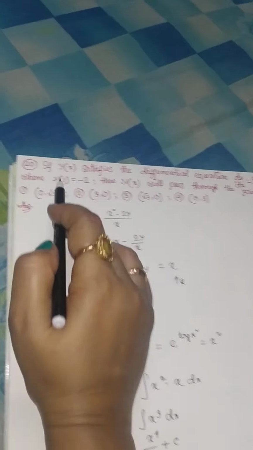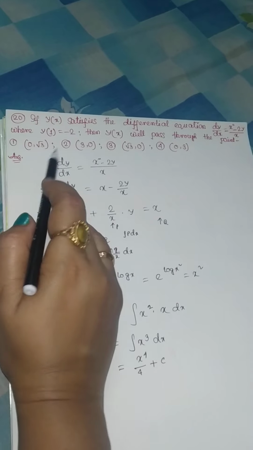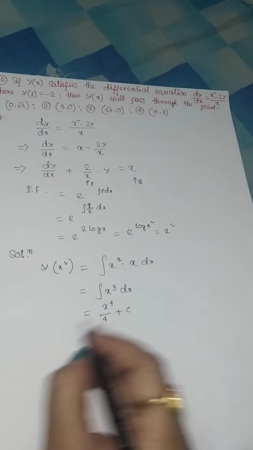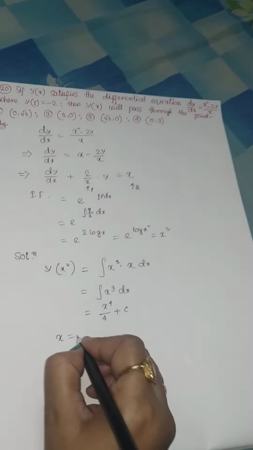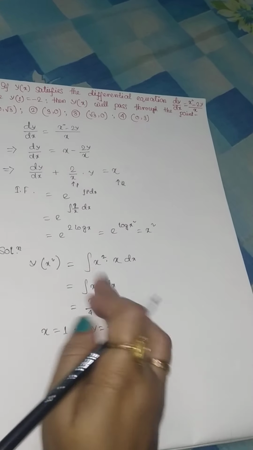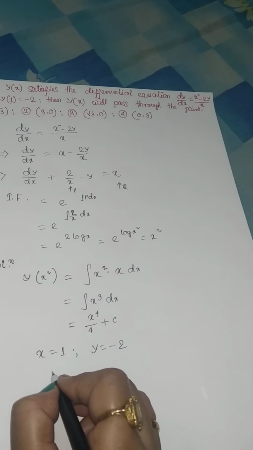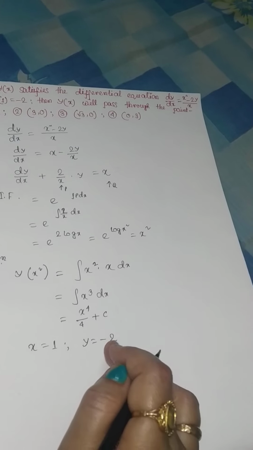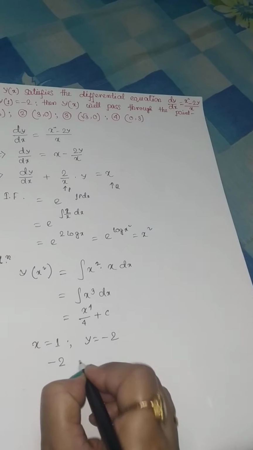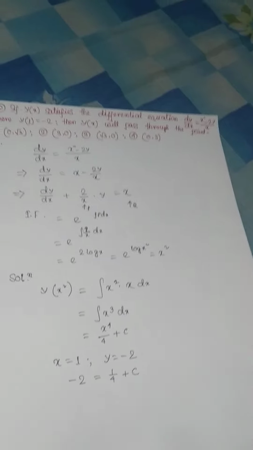Here y(1) = -2, then y(x) passes through the point. Putting x = 1 and y = -2 in this equation, we get -2 into 1² means -2 = 1/4 + c.